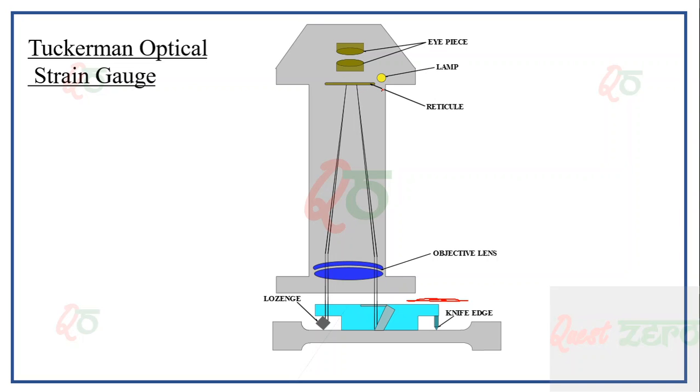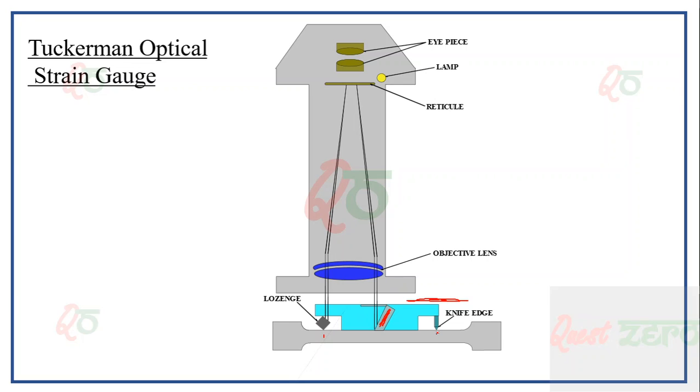The reticule will have some markings on it. There will be a lamp source which emits light. Once the light passes through the objective lens, it will fall on the first set of reflecting mirrors right here. From this reflecting mirror, it will then hit the lozenge. This lozenge will be in contact with the test specimen.